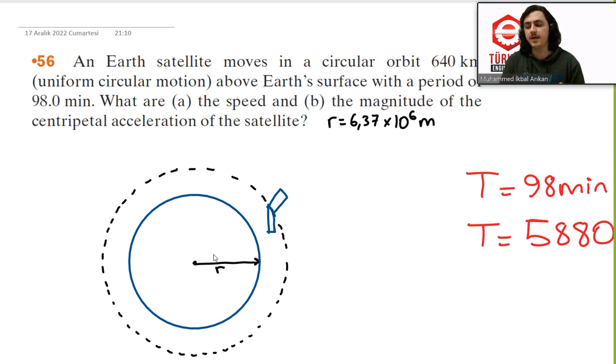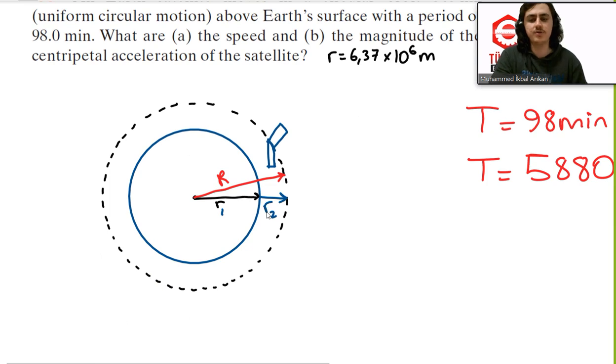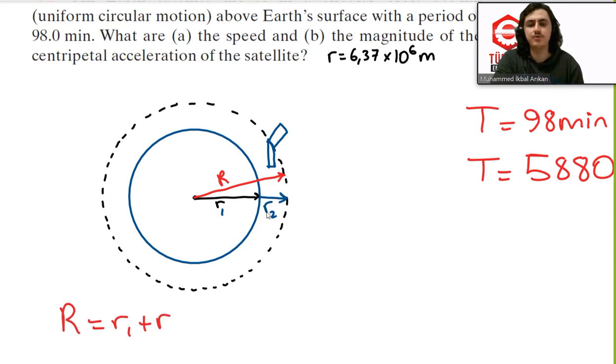I must add the distance coming from the center, so I will add two r's. This is r1 and this is r2. The capital R, which is the biggest radius, showing the radius of the orbit, will be equal to r1 plus r2.